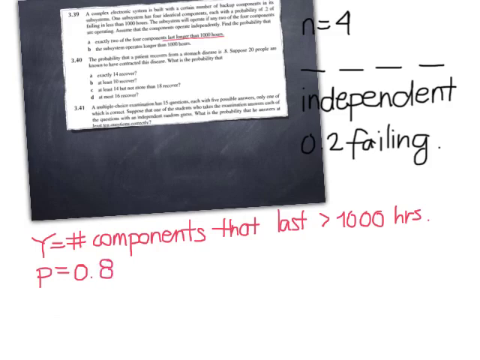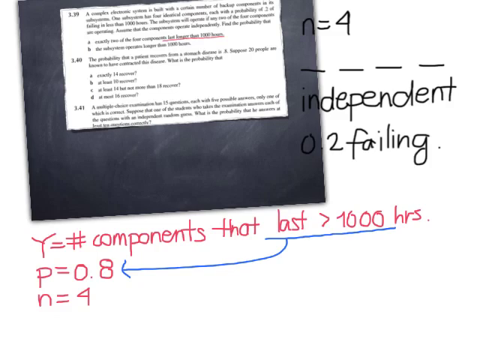So make sure that this definition here, that last, corresponds to the probability of one lasting more than 1,000. You could also use Y as the number of components that don't last, so p is going to be 0.2 in that case. And the other parameter is the number of trials, n equals 4. So in the binomial distribution, you just have 2 parameters, p and n. N equals the number of trials, and then p equals the probability of success.